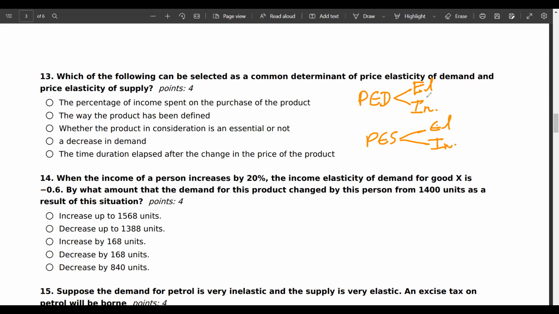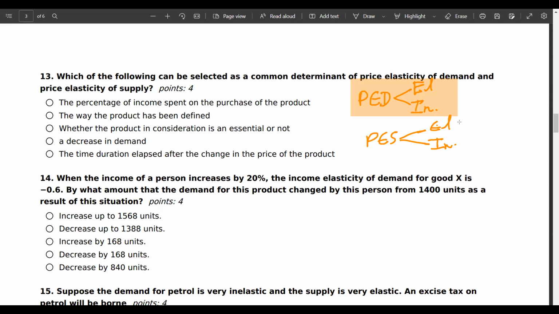There are some determinants. For example, if you take PED, one determinant that decides whether a product has elastic or inelastic demand is the nature of the product, whether it's essential or luxury. Likewise, there are other factors such as the percentage of income spent on the product, alternative uses a product has, the way a product is defined, whether broadly or in a very specific way.